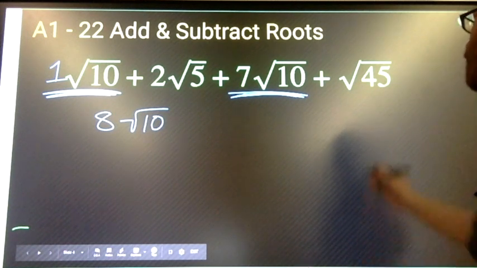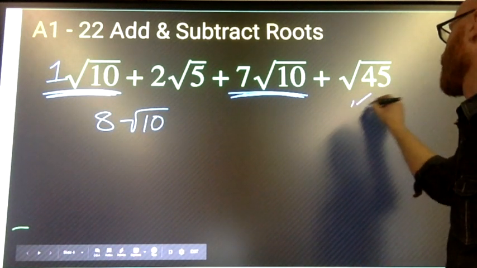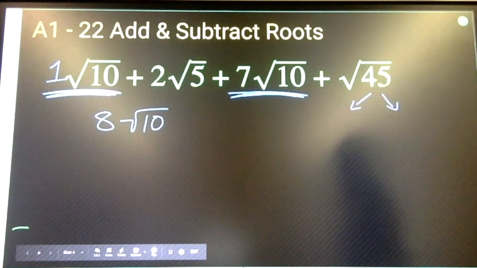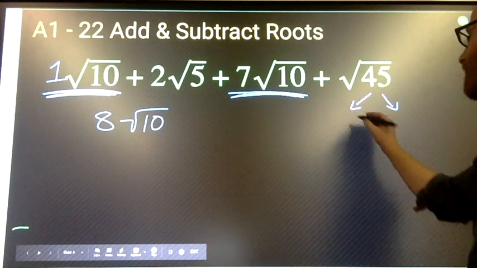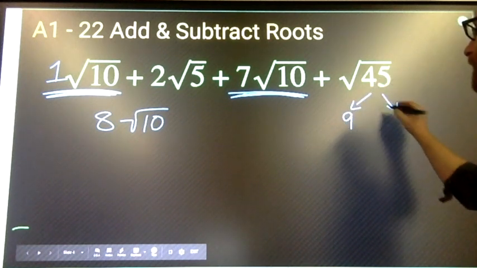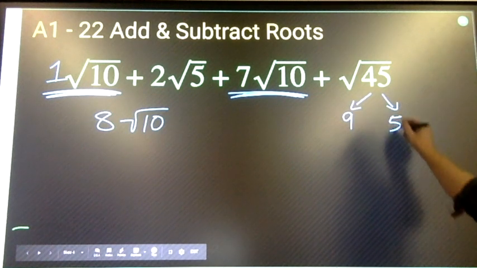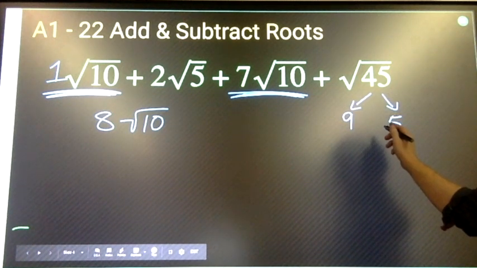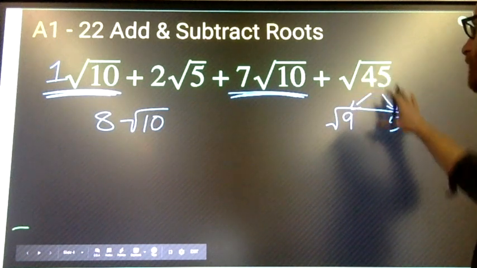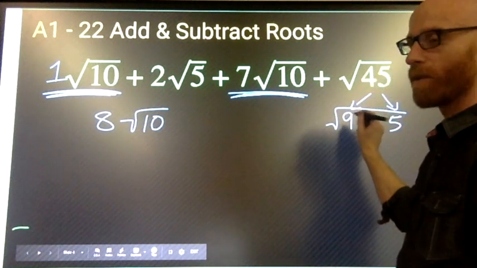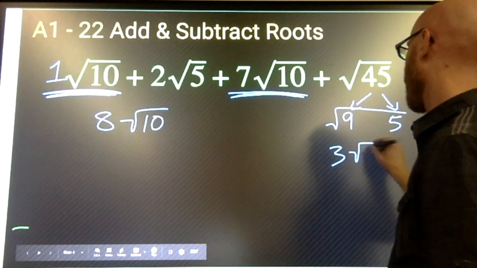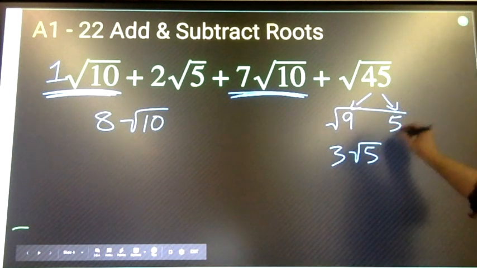Okay? If you remember from lesson 18, when we have numbers underneath of a square root, we can break them down into perfect square factors like 9, and imperfect square factors like 5, and then simplify that expression by taking the square root of the perfect square. So the square root of 9 is 3, and leaving the imperfect square behind.